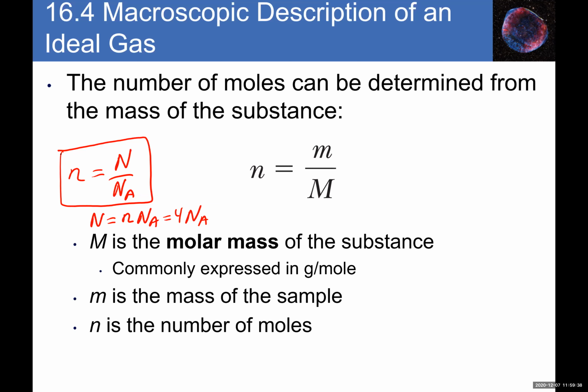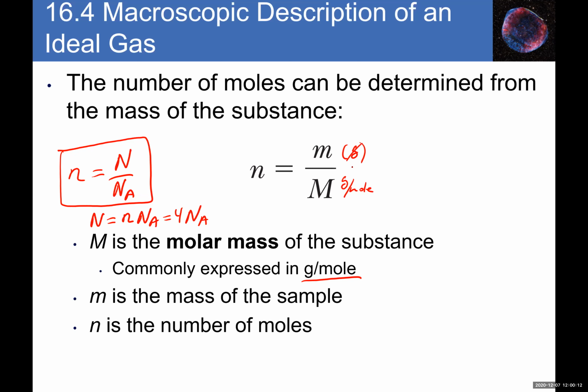Then you can also calculate it from the total mass of your substance. That means the total mass of the molecules in your container, generally given in kilograms or grams. Let's take it in terms of grams. Then you divide that by the molar mass. The molar mass of a substance is usually given in grams per mole, meaning how many grams 1 mole of that substance is.